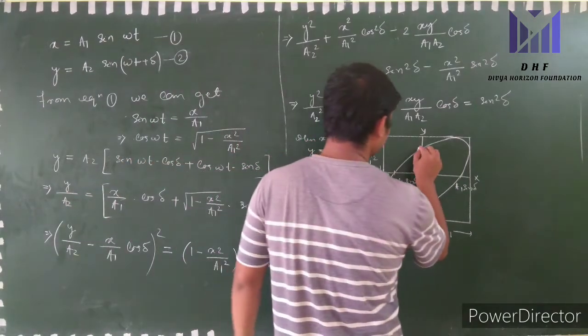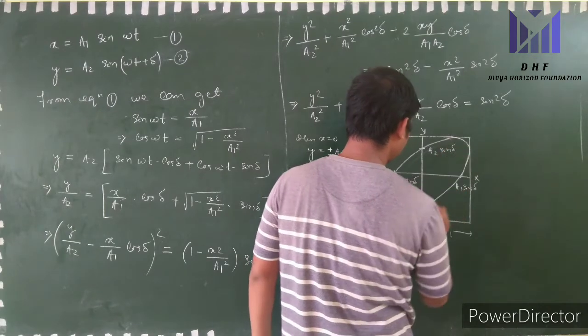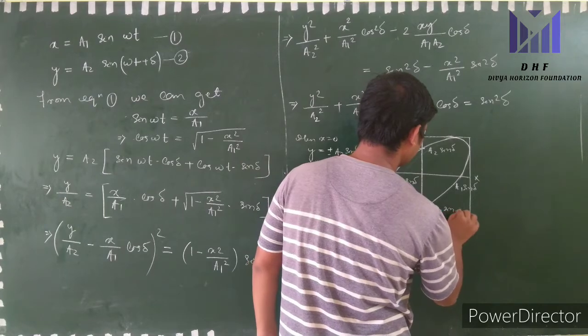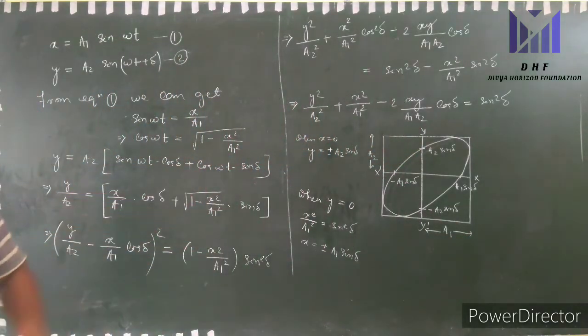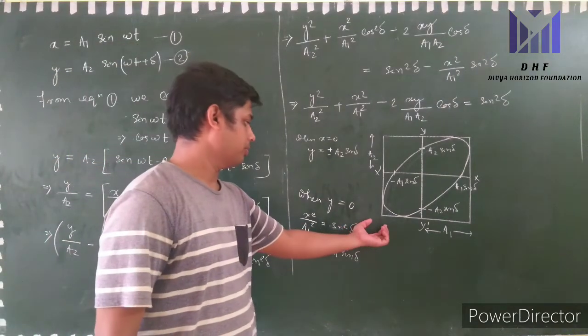So this point is plus a2 sin delta, and this point is minus a2 sin delta. So this is the explanation of the figure.